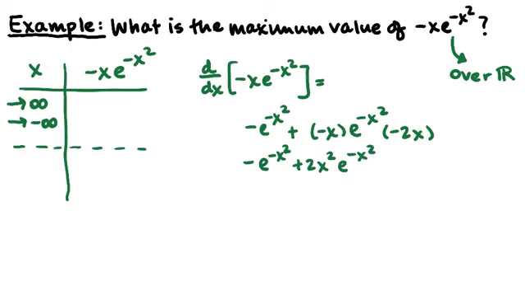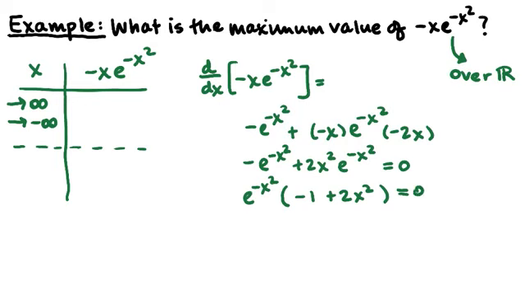Right? So if I was interested in whether the derivative was undefined, well, I don't think that's going to happen. Nothing I could plug in for x to make something bad happen. But what I could do is find out where this thing equals 0 by factoring out an e to the -x squared. I would be left with a negative 1 plus 2x squared. And that is going to give me a couple of critical points.